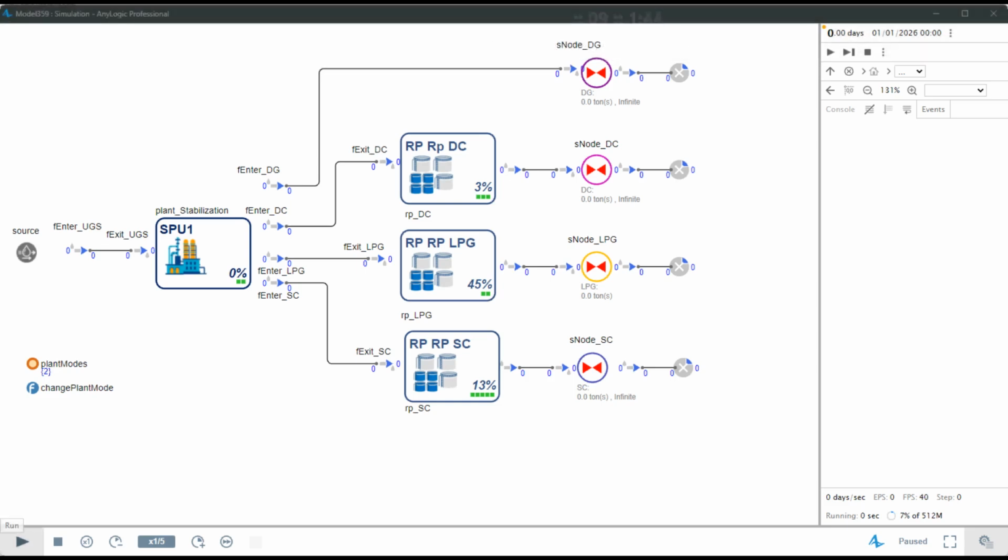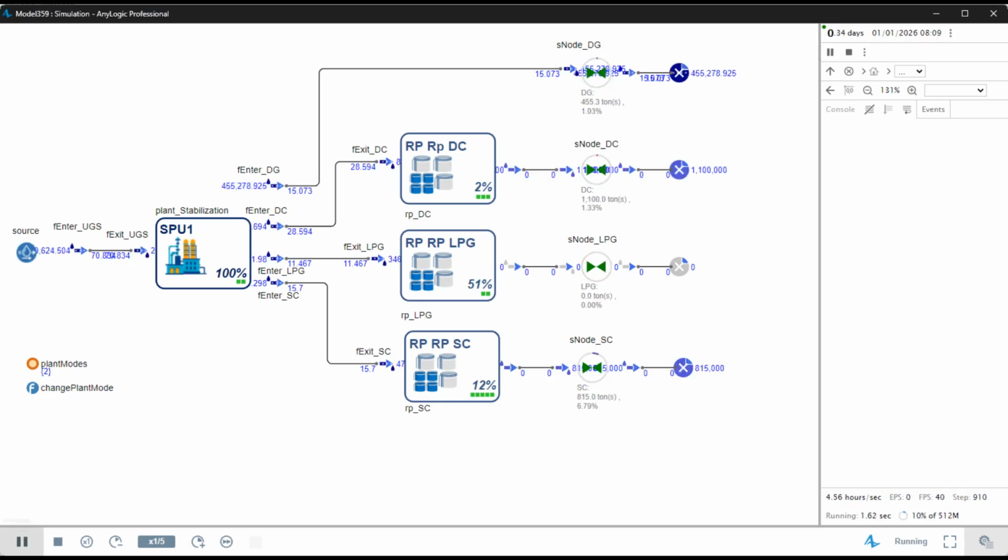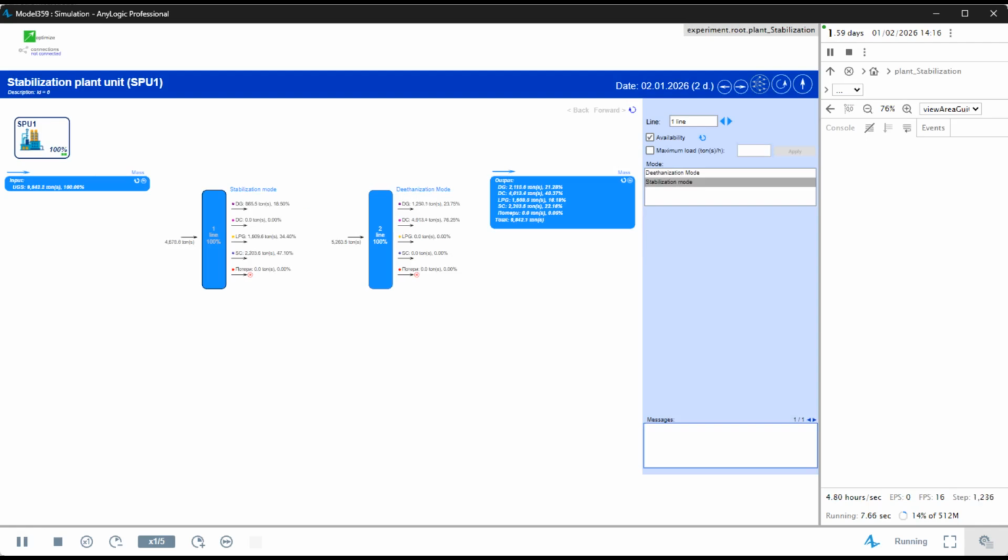After the simulation starts, the feed sources begin sending unstable gas condensate to the stabilization unit according to the specified production plan. The feed then enters the stabilization plant, which consists of two process lines. At the moment, one line is operating in stabilization mode, while the other is operating in deethanization mode.